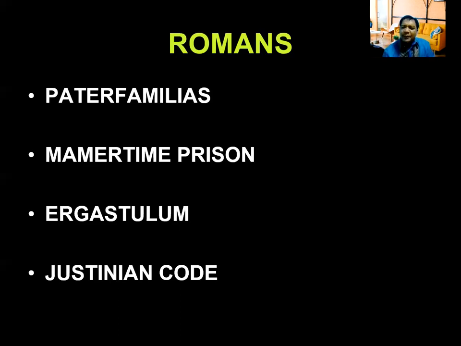Through that manner, they will be able to come up with a meeting of minds as to what is really meant by an existing law, so that they could have a proper or good interpretation. So that is for the Romans.